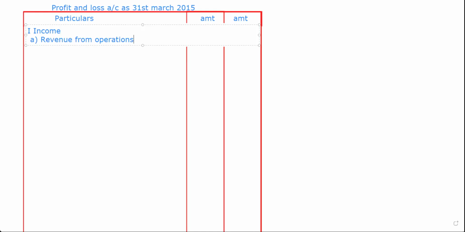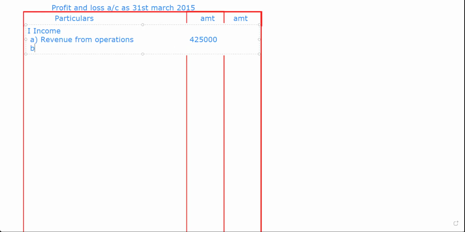Apart from that, I haven't been given any sales returns or sales tax or excise tax. Nothing was given to me. That is the reason I'm simply going with the sales. I'm leaving some space because I have other income also in this sum. So revenue from operations, sales, is 4,25,000.